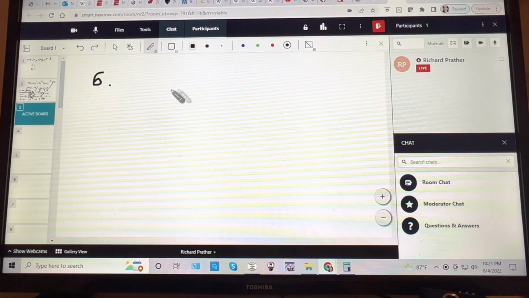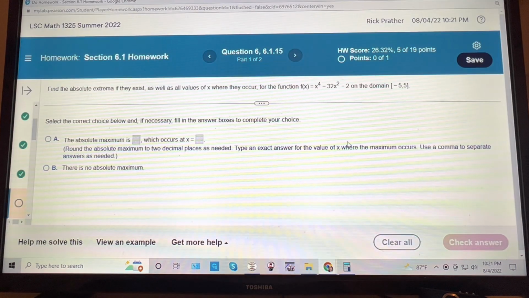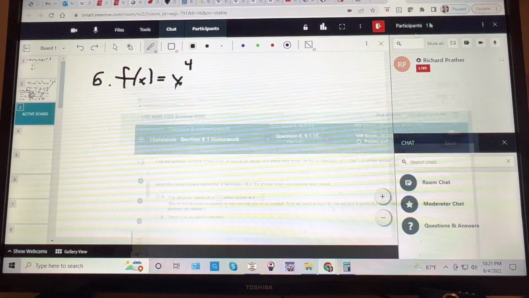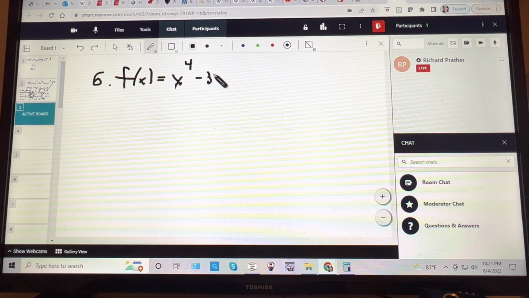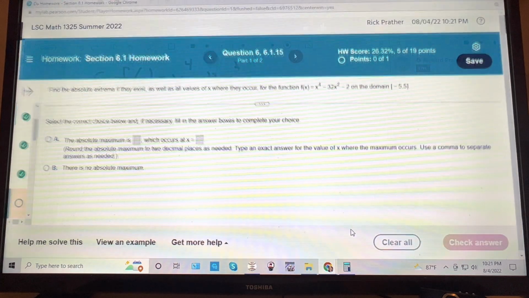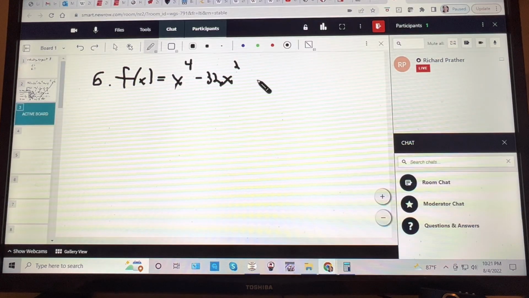So f of x equals x to the fourth minus 32x squared minus 2, from -5 to 5.